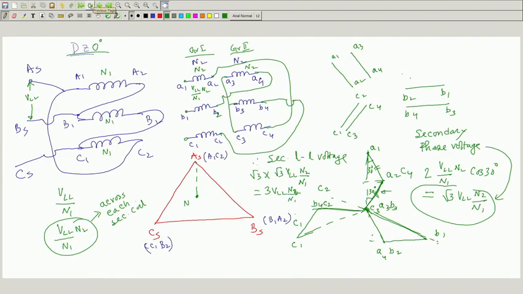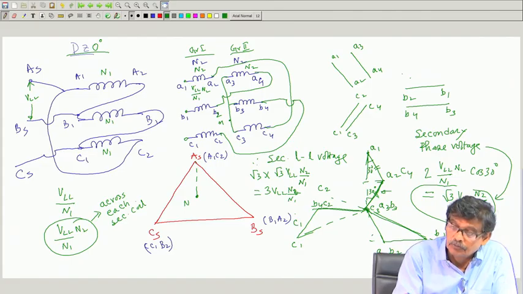In my last class I told you, because with delta connection I just drew one digit 0 and it was like this, and I told you if you know the input line to line voltage and the turns of each primary and each secondary coil, then you will be able to calculate what will be the phase voltages of these zigzag connections between the neutral and one of the phases of the output.